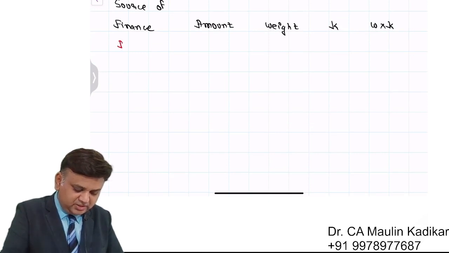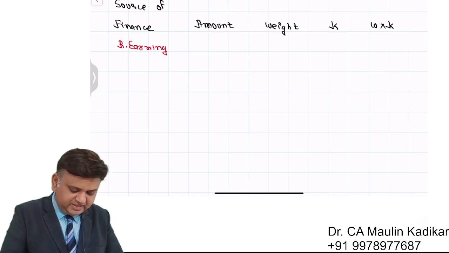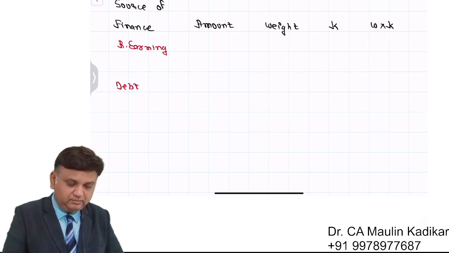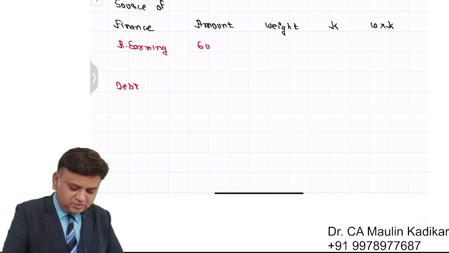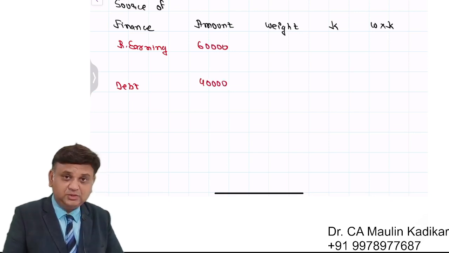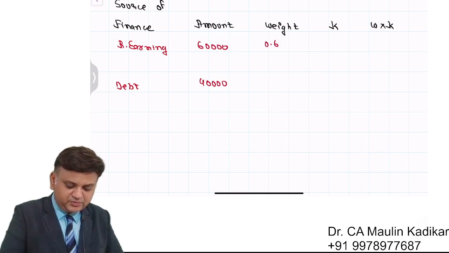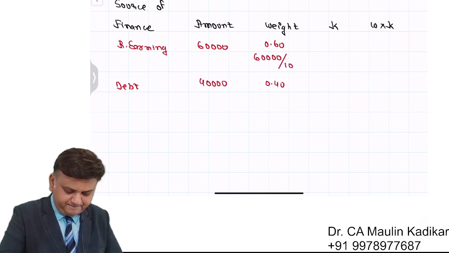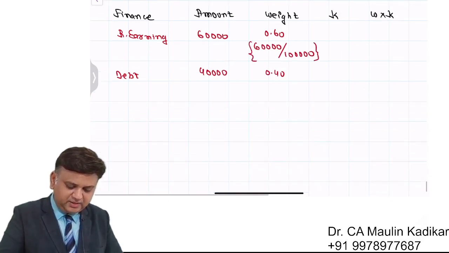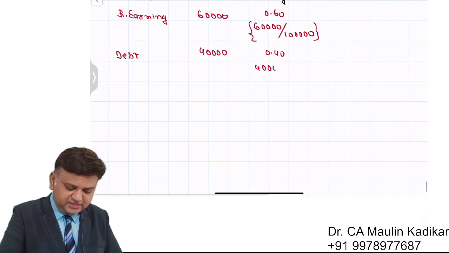So it is retained earning and debt financing. Retained earning is 60,000. Debt financing is 40,000. So weight is 0.6 and 0.4. 60,000 divided by 1 lakh, and 40,000 divided by 1 lakh once again.